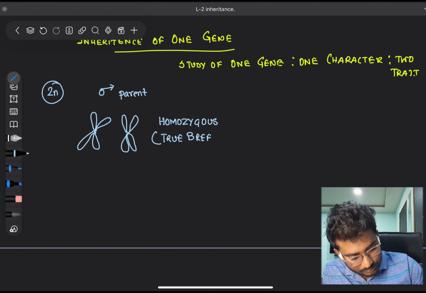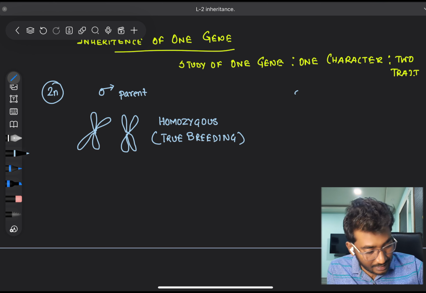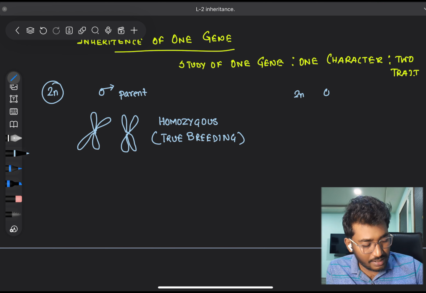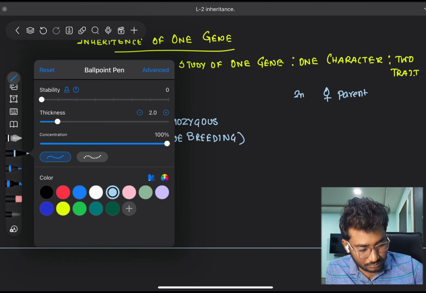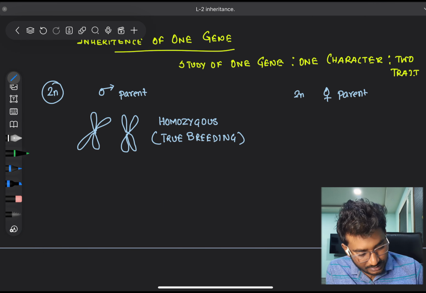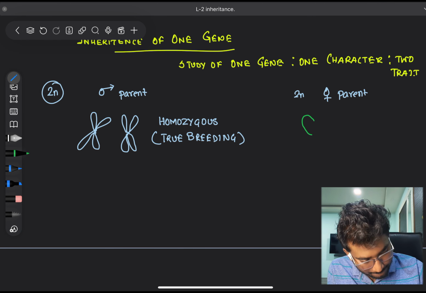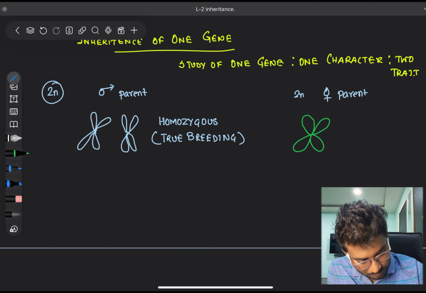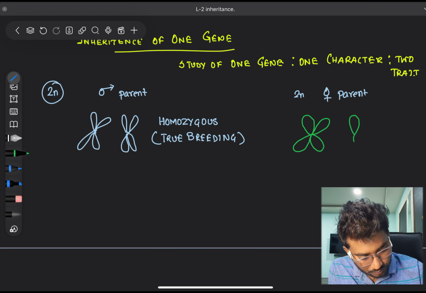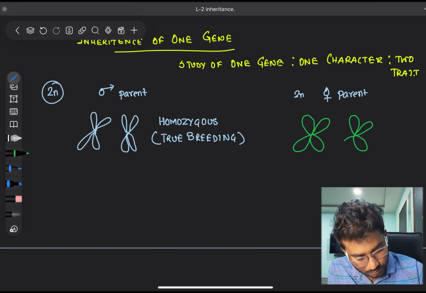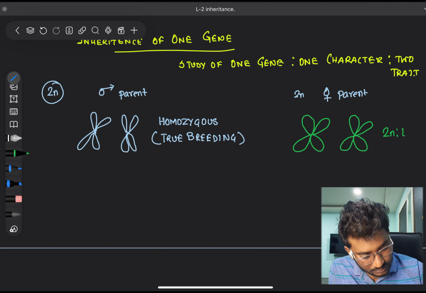True breeding is happening here. And this is the 2n female parent, drawn with a separate color.